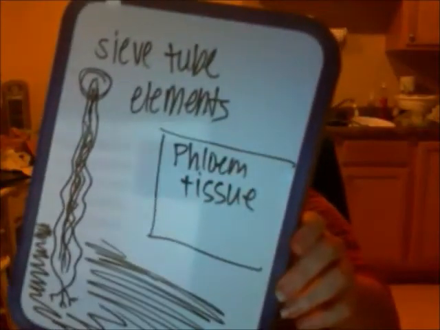The other place you see these in your higher plants is in the phloem tissue. And basically, that's what pulls the nutrients throughout the plant. So the fact that these developed in two separate lineages tells us that it's convergent evolution.